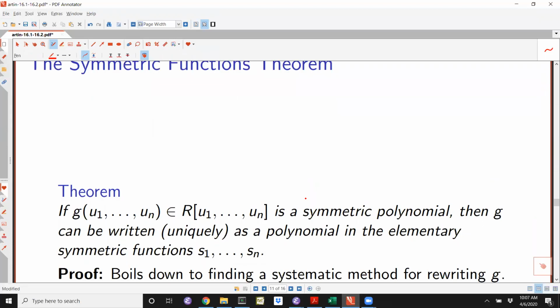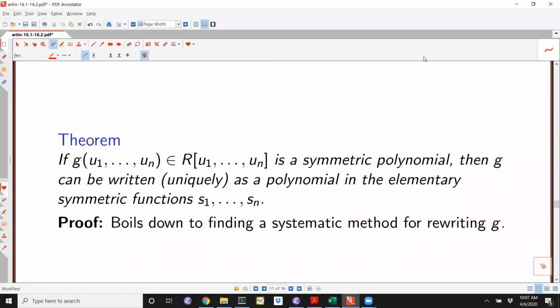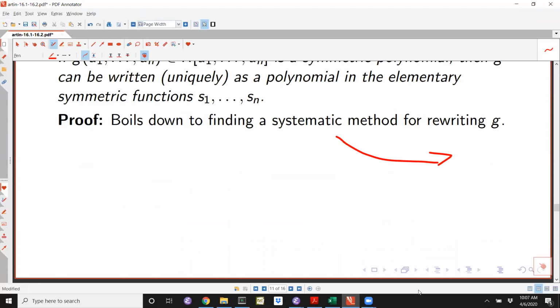So the symmetric functions theorem says that if G is a symmetric polynomial in the variables u1 through un, then G can be written, uniquely, but that's not so important, as a polynomial in the elementary symmetric functions s1 through sn. And the proof of this boils down to finding a systematic method for rewriting G, which we shall see in the next slide.